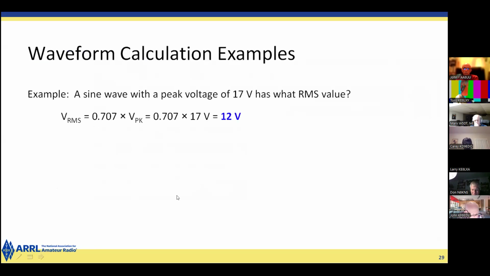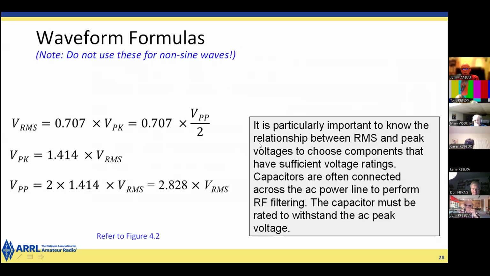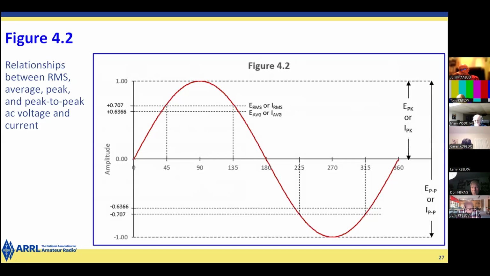And do they just get that 0.707 because that's the sine of 45? I'm guessing, yeah, it comes out of the geometry. Well, the sine of 45 is 0.707. So yeah, it's got to be just the trig.